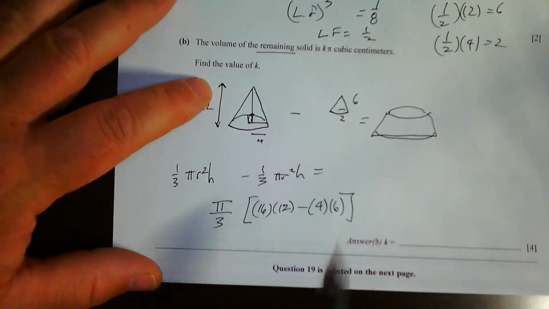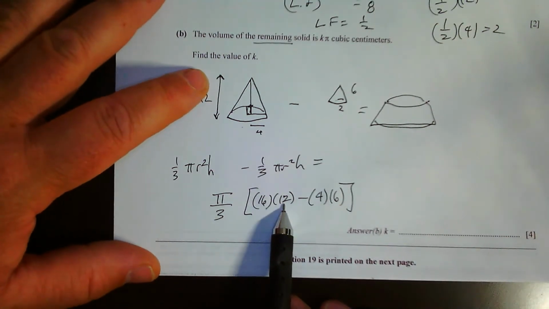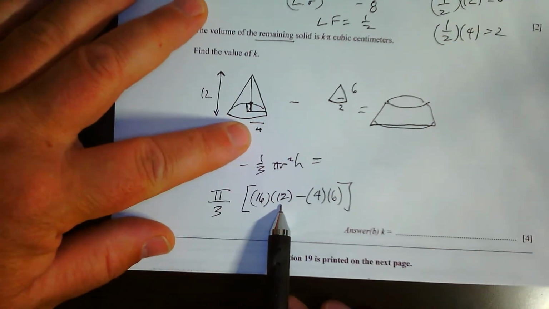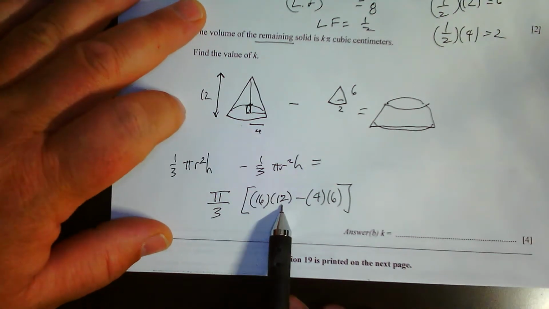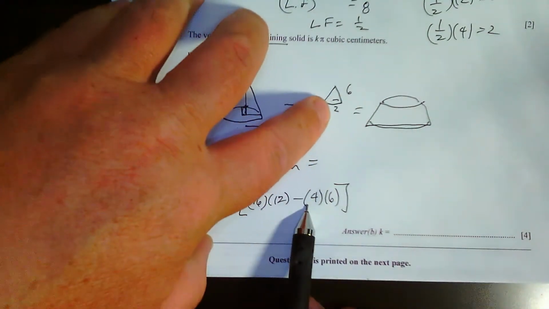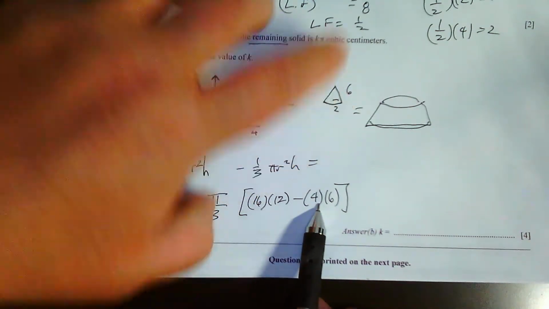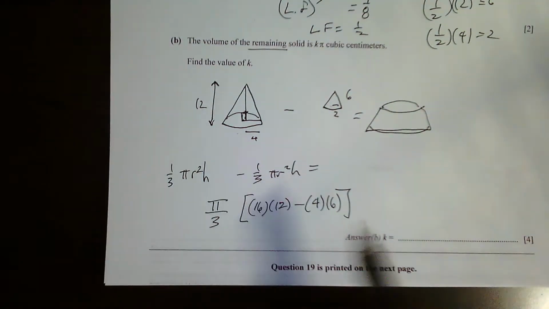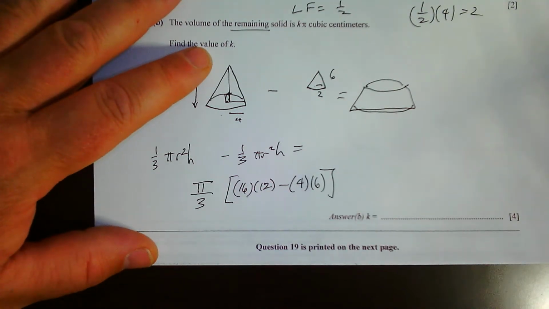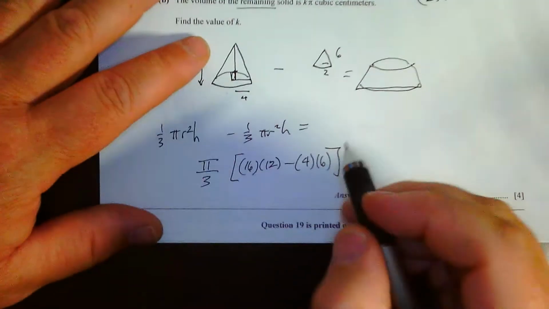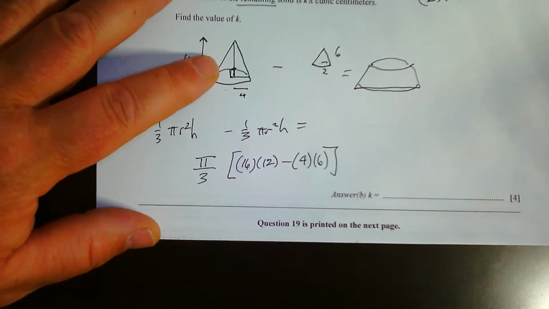Do you see? Here's why I did this. 16 times 12, because the radius squared is 4 squared is 16. Height is 12. Radius is 2, squared is 4, times 6. Height is 6. And then times pi over 3. All right, so now I'm not going to distribute that pi over. Let's see. Check this out. Look, this is a paper 2.